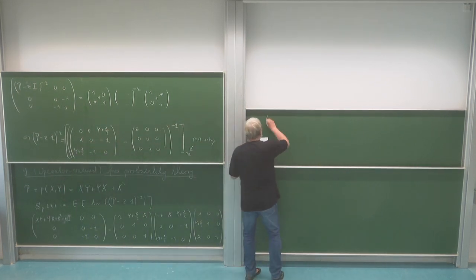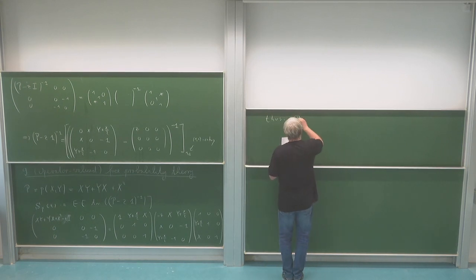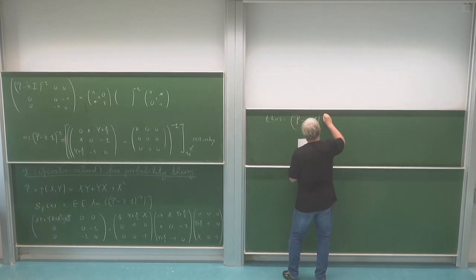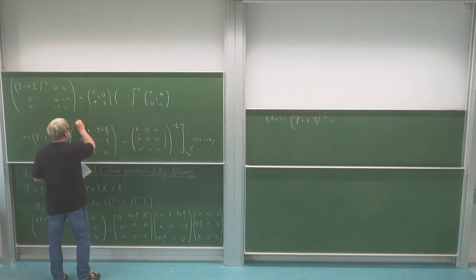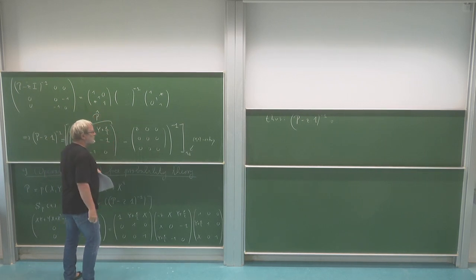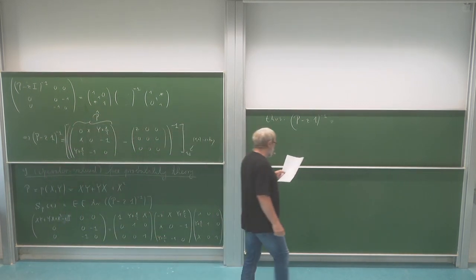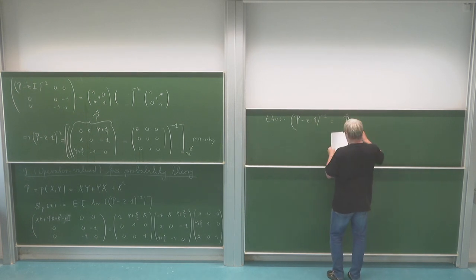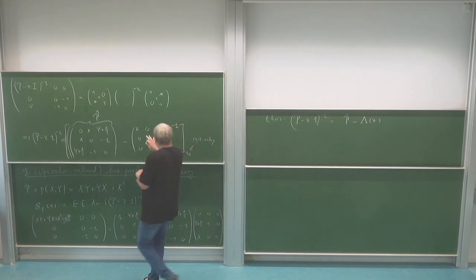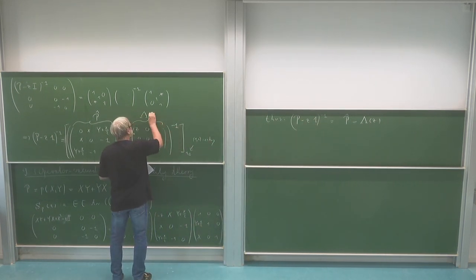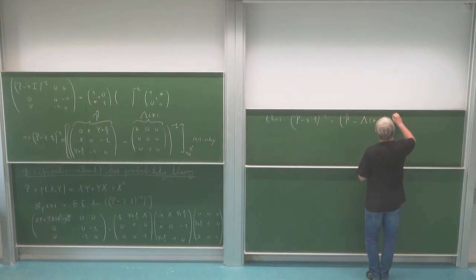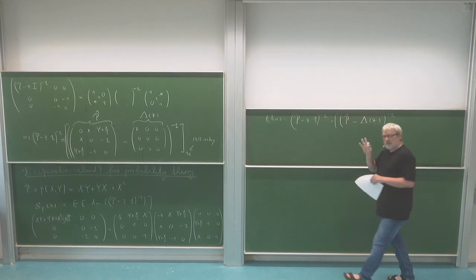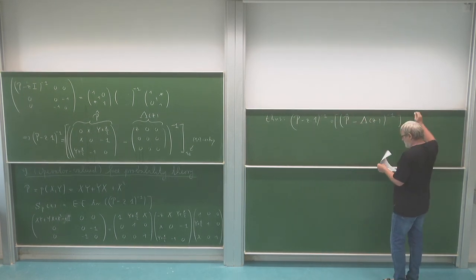But what I have in the end is really that (P minus z times the identity) to the minus 1 is a matrix, and maybe I call this here P hat. This is somehow my operator valued linear version of the P, and I'm subtracting some kind of argument, this matrix here, maybe I call this lambda of z, and I have to take the inverse of this, which is a 3 by 3 matrix, and of this I take the 1, 1 entry.